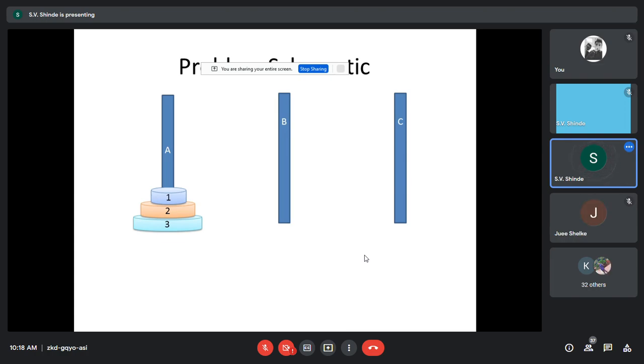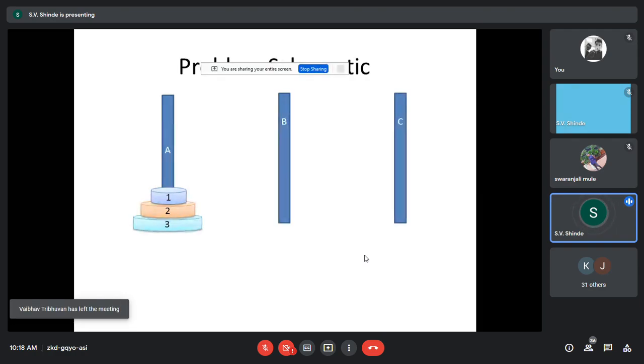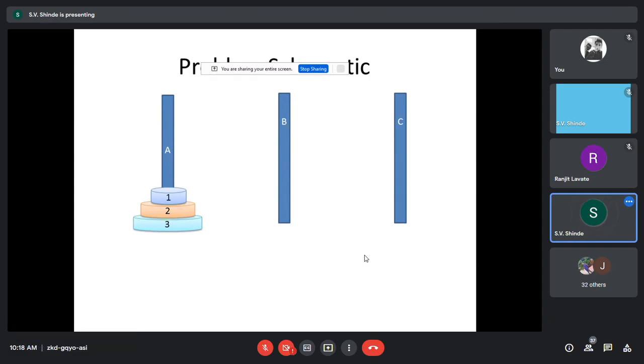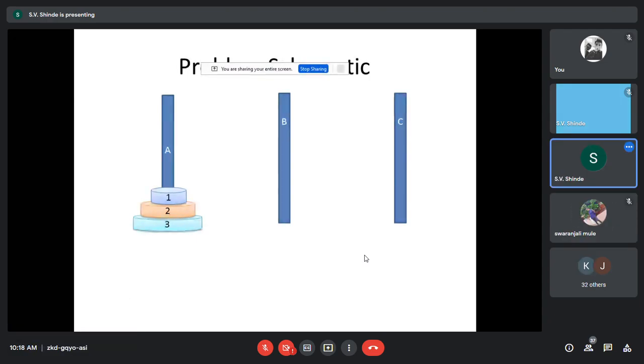The topmost disk has the smallest radius or size. Then the bottom, that is the last disk in peg A, has the maximum radius, and it is in order such that any disk i is always greater than disk i plus 1.